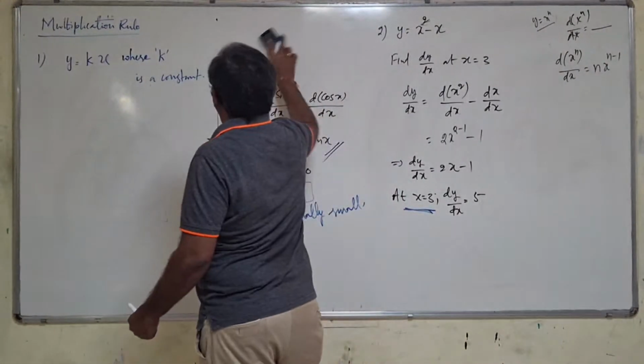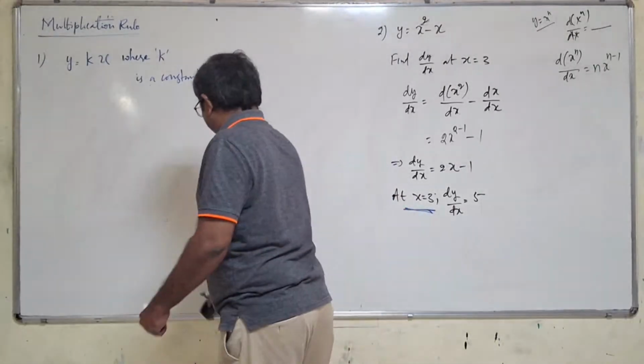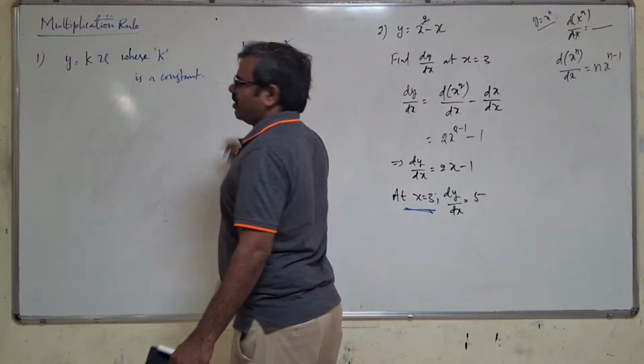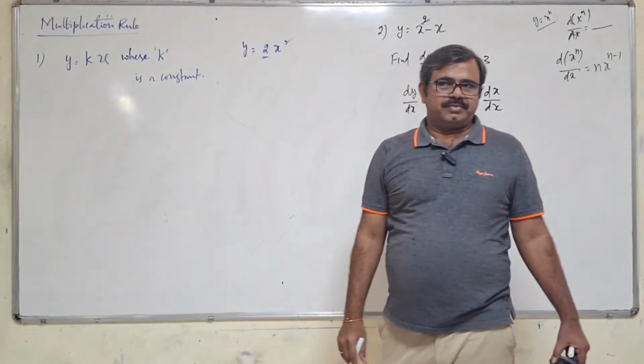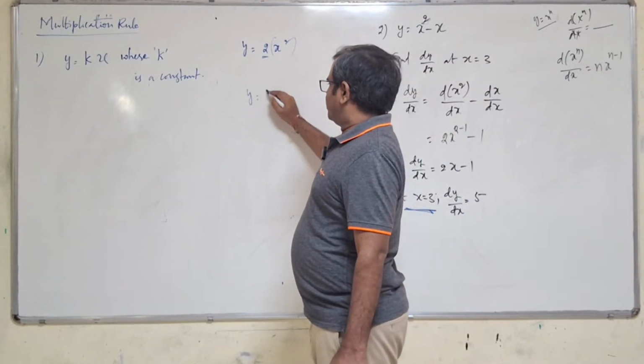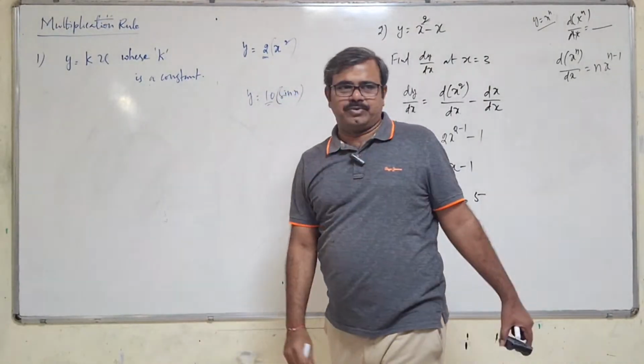I'll give you an example. y is equal to 2x square. 2 is a constant, x square is u. Or y is equal to 10 sin x. 10 is a constant, sin x is u. Are you following me?